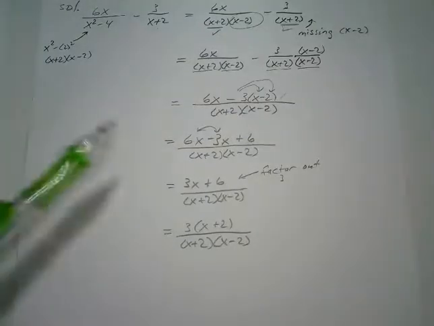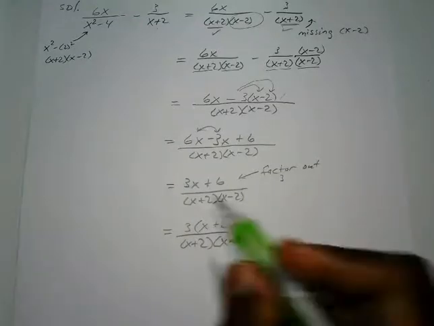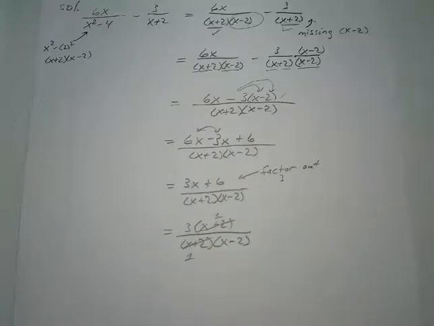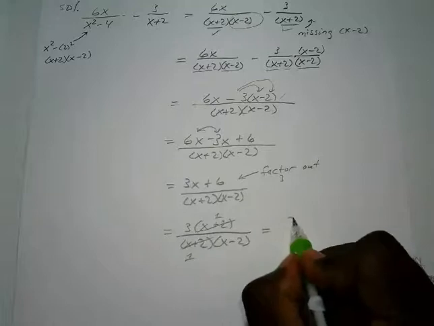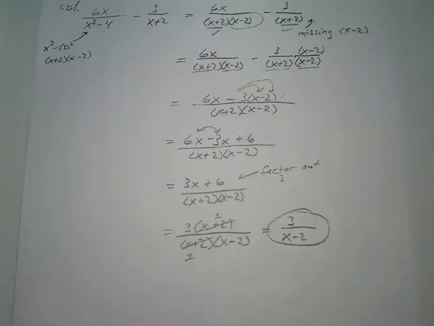And just that simple act of factoring out a 3 allowed us to cancel this x plus 2 and that x plus 2, which gives us our final answer of 3 over x minus 2. Okay, so that last minute canceling is very important.